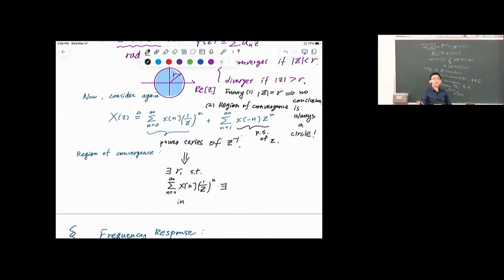Now let's apply the theorem. There exists R1 such that the power series converges in 1 over z smaller than R1, and diverges outside.